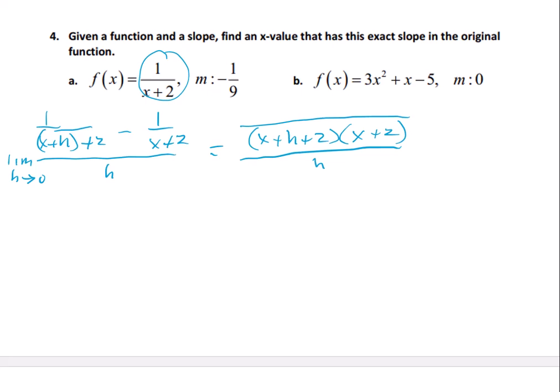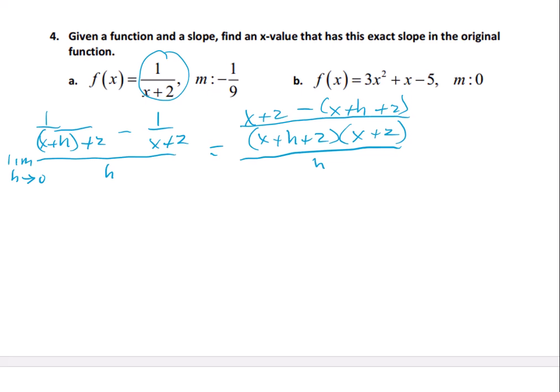So what would it take to multiply the x plus h plus 2 by to get our common denominator? Well, the answer is x plus 2. So I put that on top times 1. And then that's minus the other side, x plus h plus 2. All of that's over h.